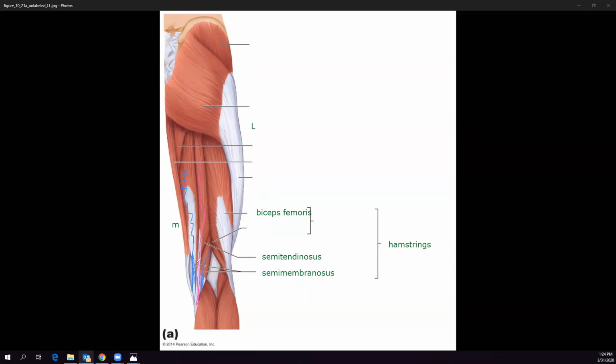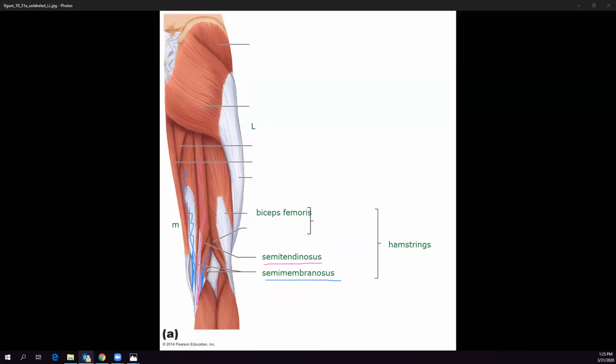That's all semimembranosus. Okay, so that's the blue one, and this is the pink one. So biceps femoris on the lateral side, and then we have 2 medial side muscles. We have the semitendinosus with this tendon, kind of a skinny muscle right here, and then the semimembranosus is over here on the other side, underneath it, I mean.